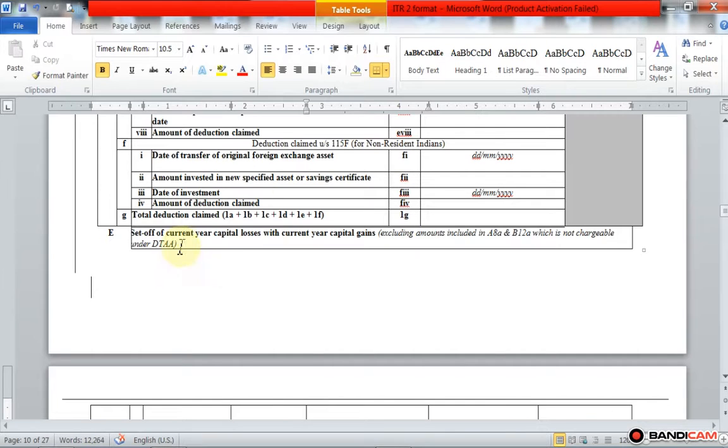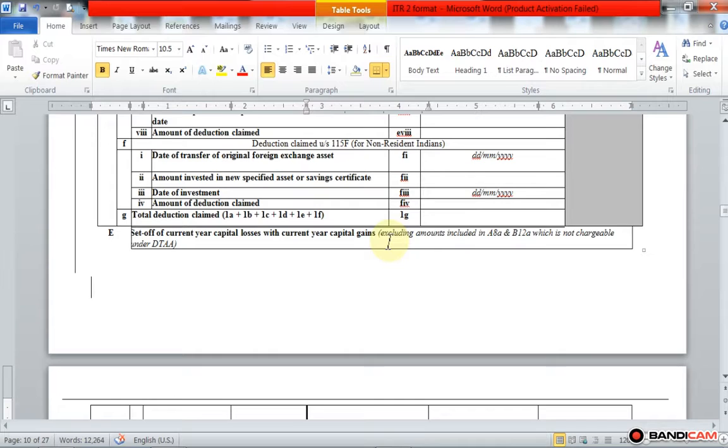Then here, set off of current year capital loss with current year capital gains. It means we already studied the set off and carry forward of losses. If a capital gain is given, then the assessee has to deduct the capital loss from the capital gain.